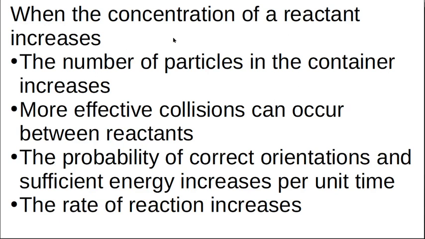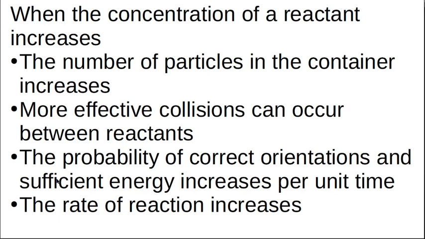If you increase the concentration of a reactant, there are more particles in the container, more effective collisions can occur between the reactants per unit time, okay? The probability of correct orientations and sufficient energy increases per unit time.